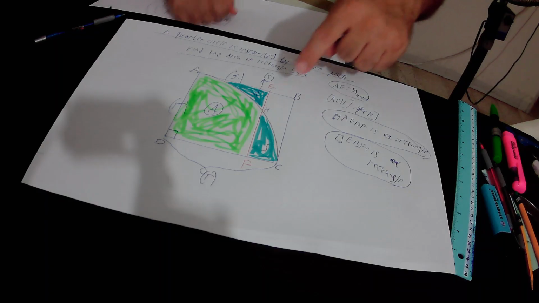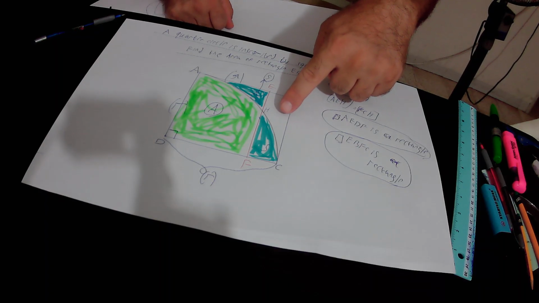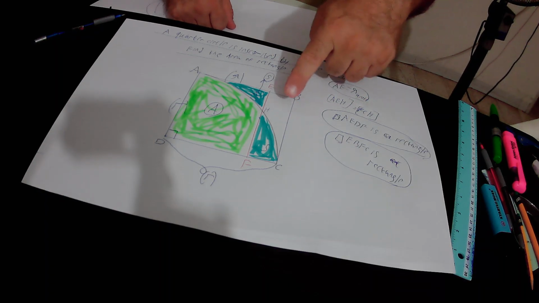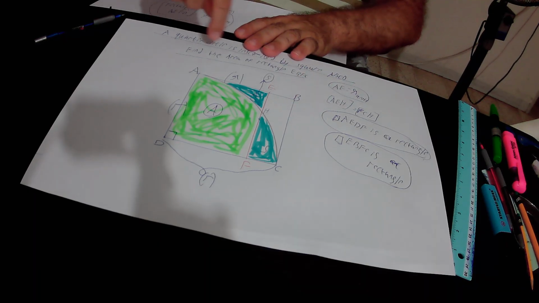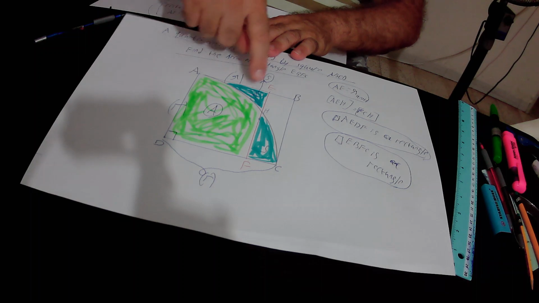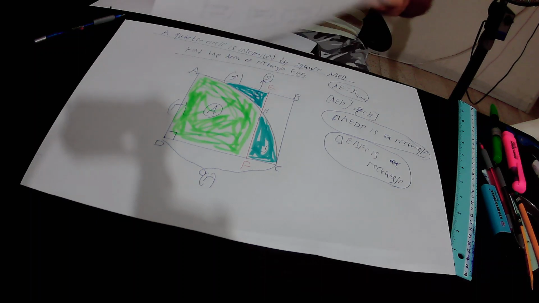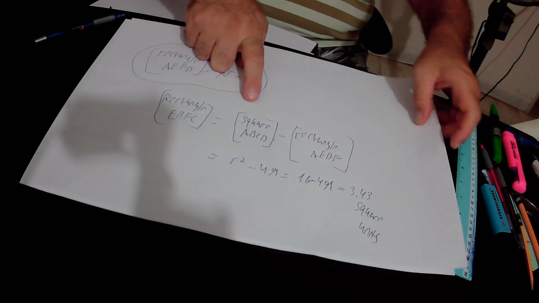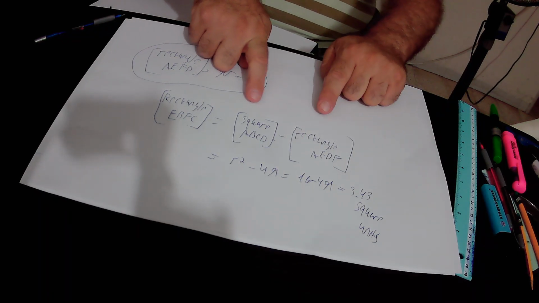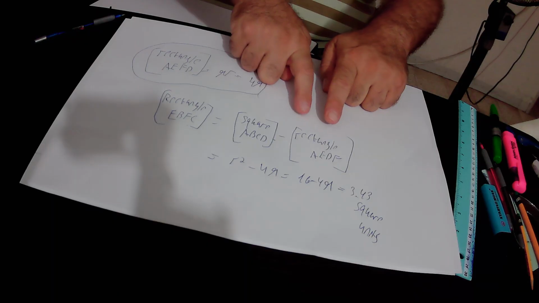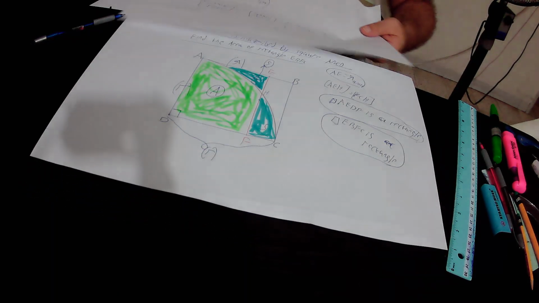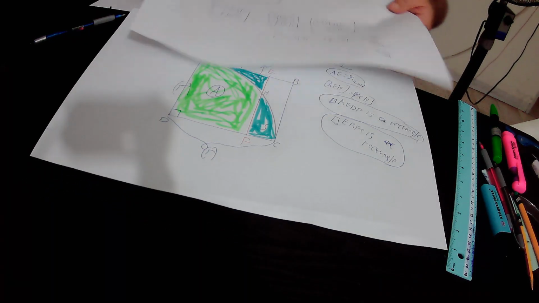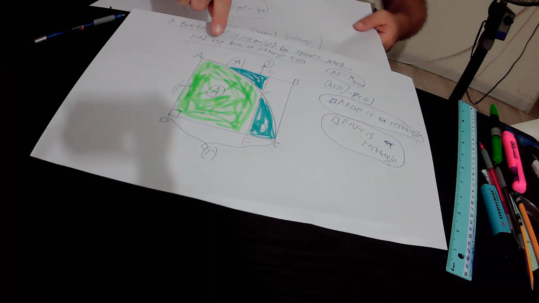Our mission is to find the area of this small rectangle EBFC. The area of this small rectangle EBFC is equal to the area of the big square ABCD minus the area of rectangle AEFD. The area of the big square ABCD is r squared, minus the area of this rectangle AEFD, which is 4 pi.